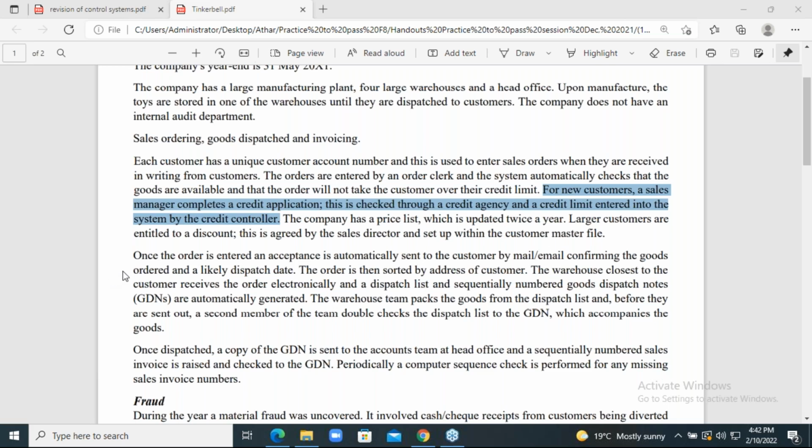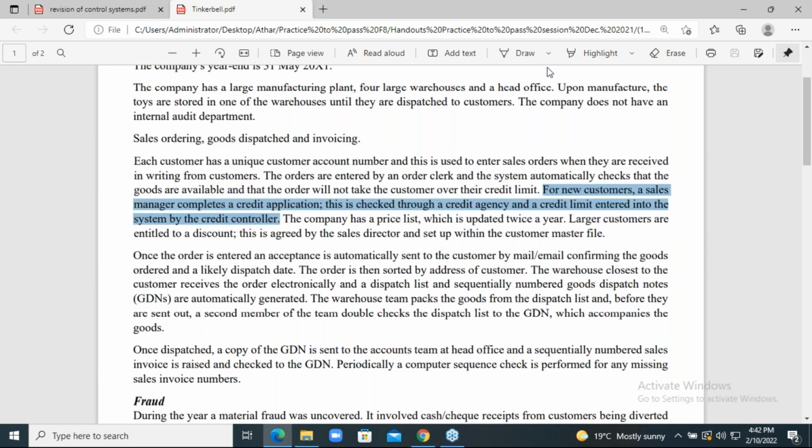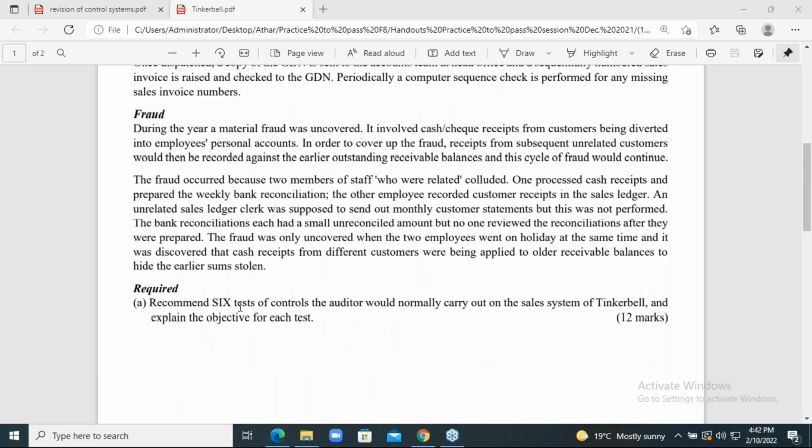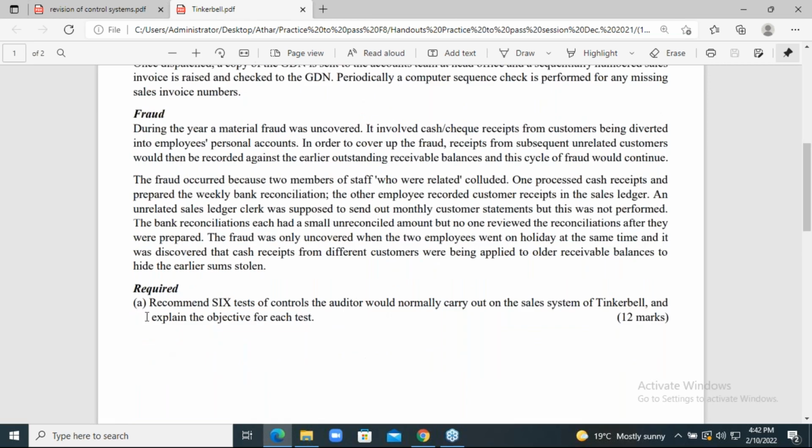Yes, Shazib. The objectives length is enough, but you have asked an important question. Now there are six tests of controls and six objectives, and you have 12 marks. The requirement is to explain the objective. So you can explain these objectives a little bit.